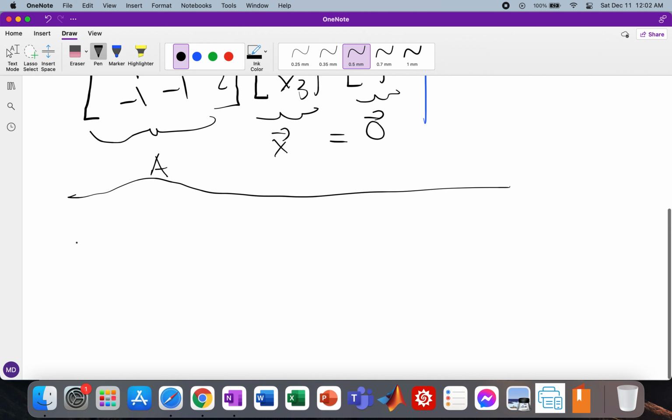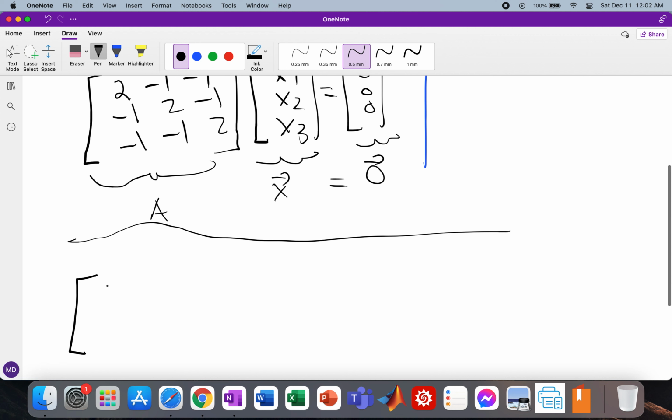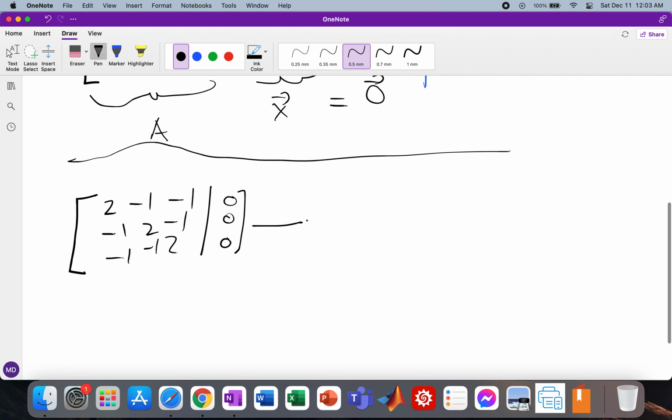If we take our matrix, 2, minus 1, minus 1, minus 1, 2, minus 1, minus 1, minus 1, 2, and augment it with zeros, we can try and solve for x1, x2, x3. Let's do another exercise and perform Gaussian elimination on this again.